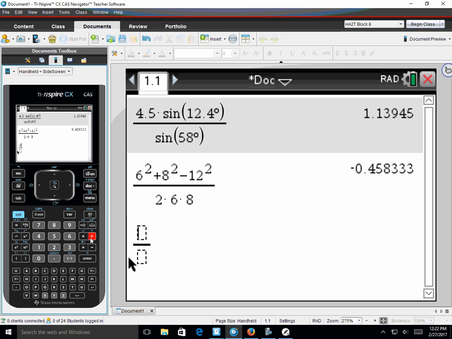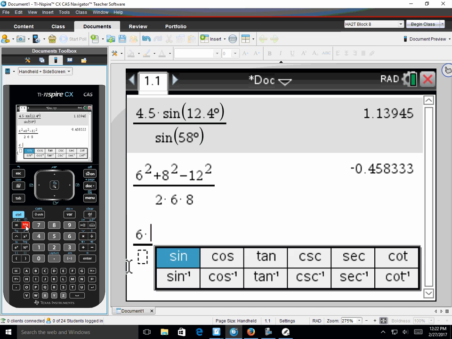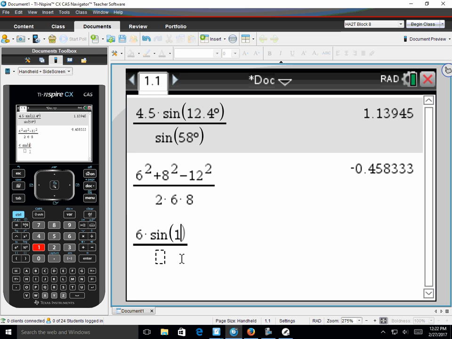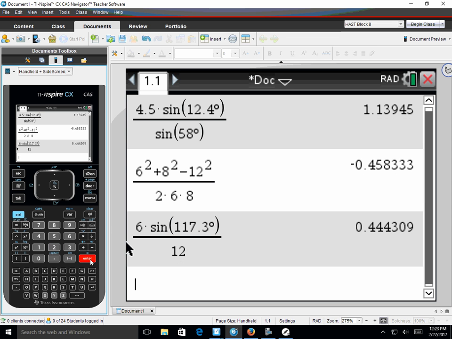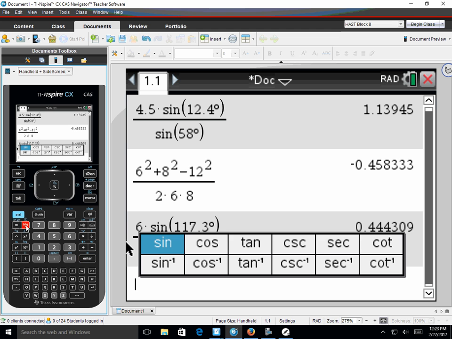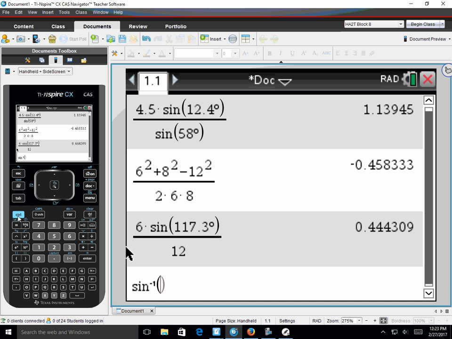So we're doing 6 times sine of, what was the angle? 117.3 degrees, over, what was my denominator? Just 12. And so I get 0.444, and then you did arc sine of that. I want to do arc sine of that answer.